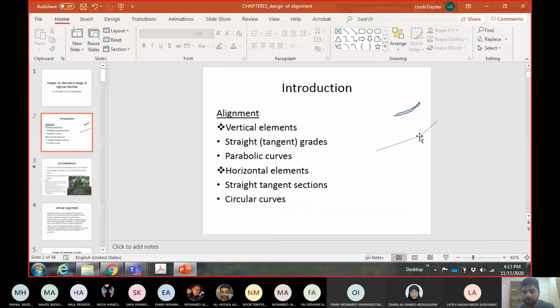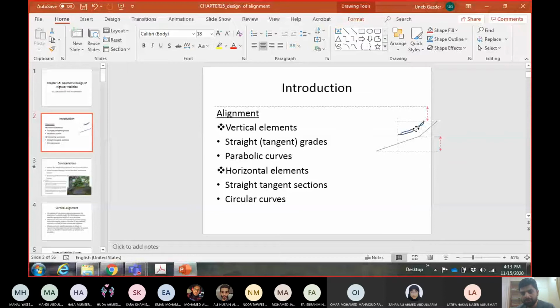Whether it's vertical or horizontal, the vehicle will have a bump. It is dangerous. The vehicle cannot take a turn like this. So I introduce a curve here, so the vehicle can go along the curve. If it's in the vertical plane, then it will be a parabolic curve. If it is in the horizontal plane, then it will be a circular curve. So the curves are provided so that the vehicles can go from one gradient to another gradient, or from one tangent to another tangent smoothly.